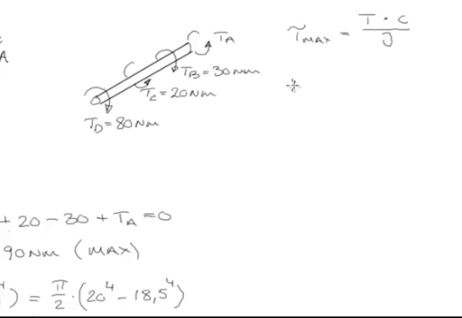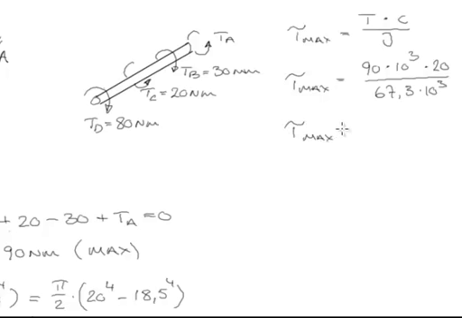That means now we can calculate the tau max equal to, we had the TA, which is 19 Newton meters, so that's 19 times 10 to the power of 3 to get it into Newton millimeters, times the radius, and the maximum radius is then obviously 20 divided with the polar moment of inertia, the 67.3 times 10 to the power 3 millimeters to the power 4. So that gives us tau max to be equal to 26.7 megapascals.